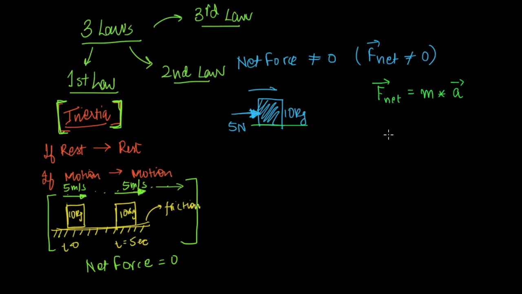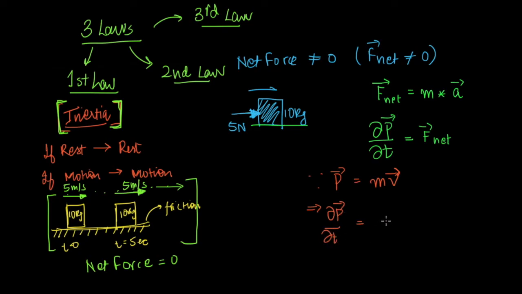More fundamentally, this law is stated as the derivative of momentum of the body equals the net force. It's very easy to see that, because momentum is mass times velocity vector, therefore dp by dt would be d by dt of mv.